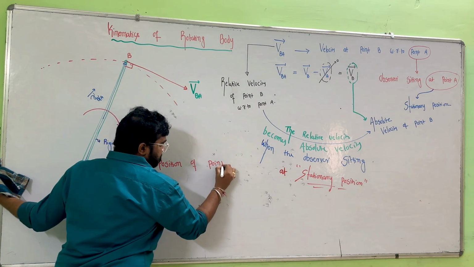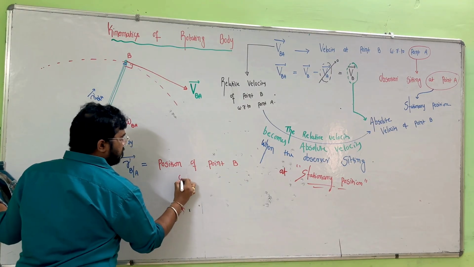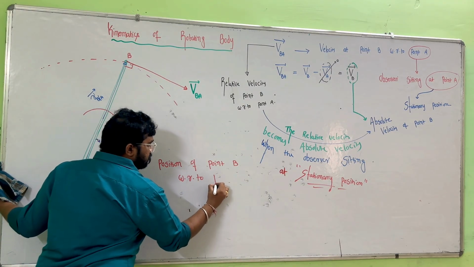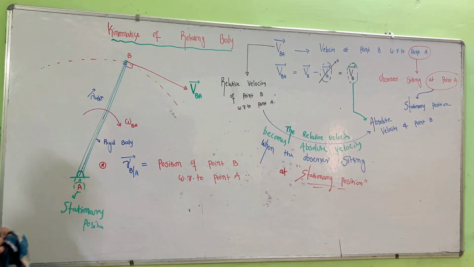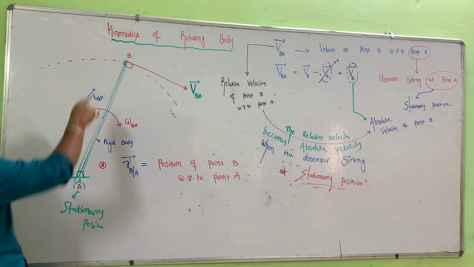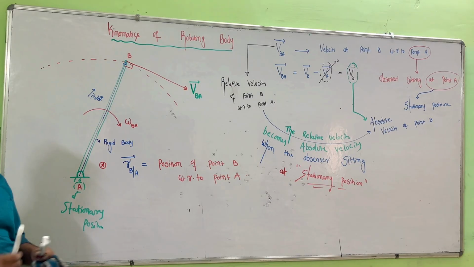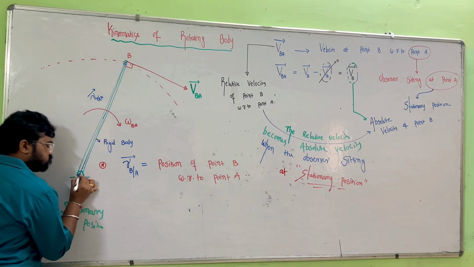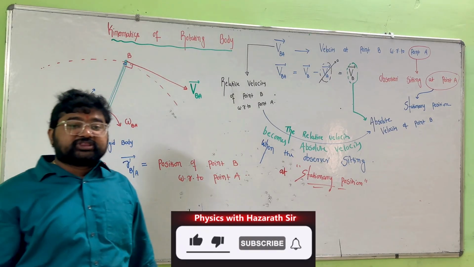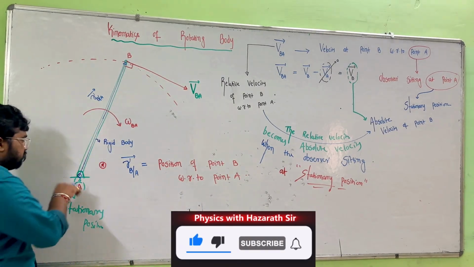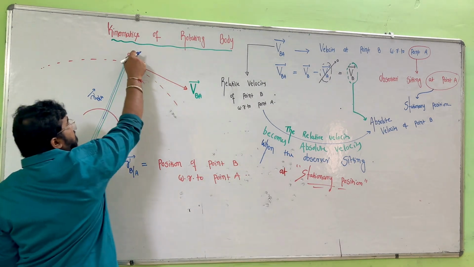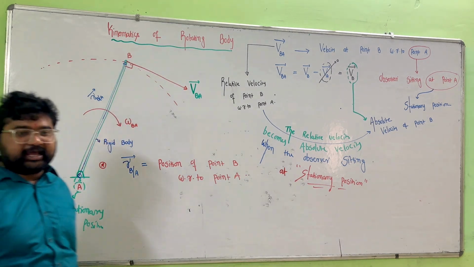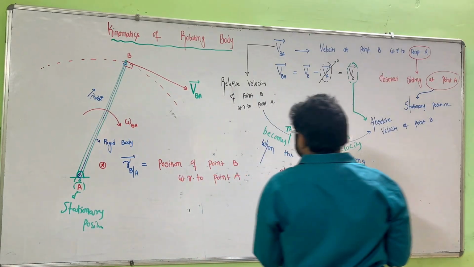Position vector of point B with respect to point A, with respect to the observer sitting at that point. The vector should come from that point. Clear? That is the position of point B with respect to point A.